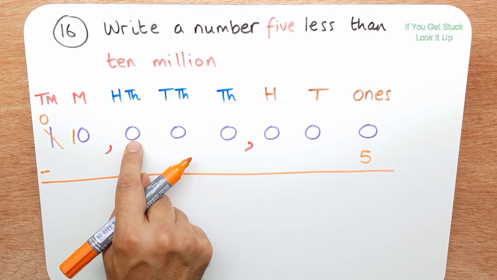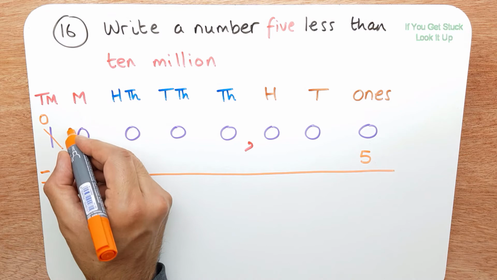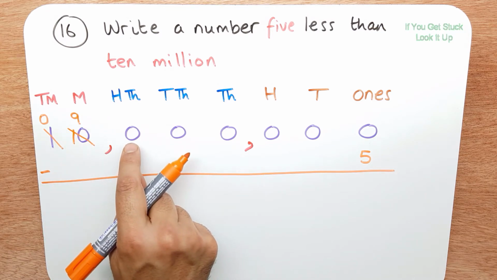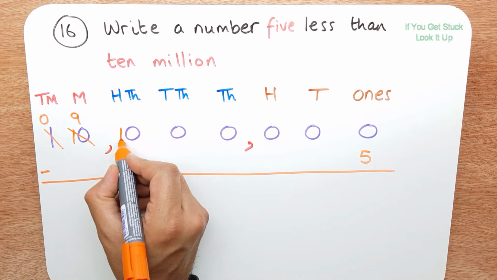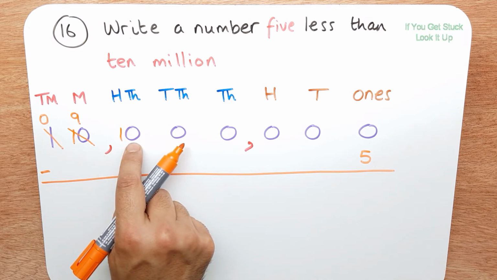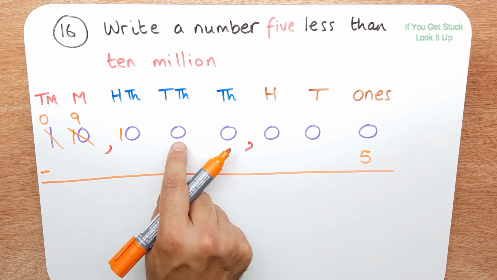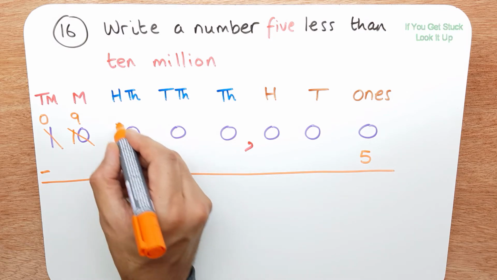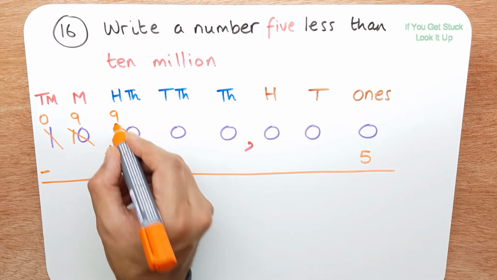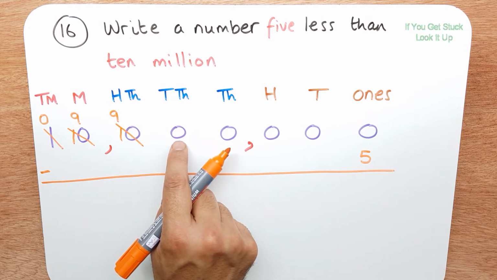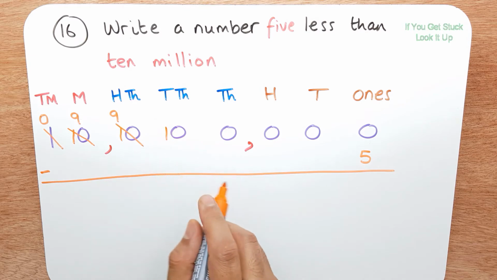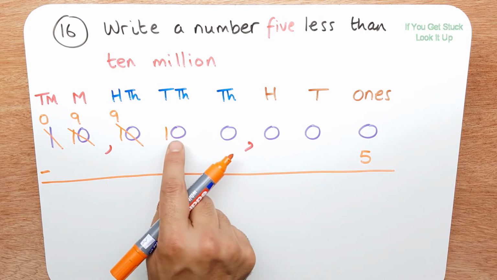Now, this 0 can borrow 1 from there. So that becomes a 9. Now, that 1 that we've borrowed turns this 0 into a 10. Now, 0 can borrow 1 from this column. Cross that out, it becomes a 9. So that 1 we're going to borrow here turns the 0 into a 10. So this 0 can borrow 1 from there.